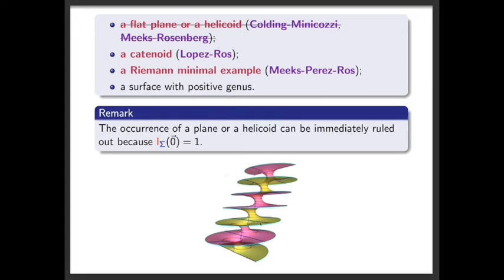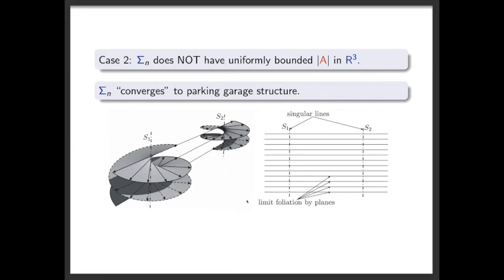So before I rule out the Riemann minimal example, what happens in case 2, where A is not uniformly bounded, is that sigma n converges to a so-called parking garage structure, which is kind of like 2 helicoids connected in this way.